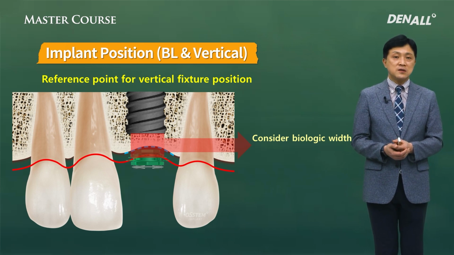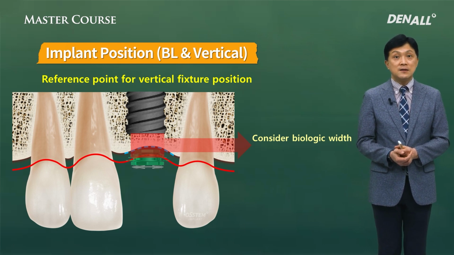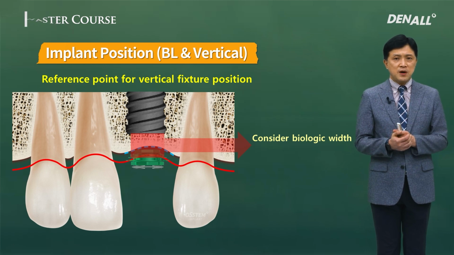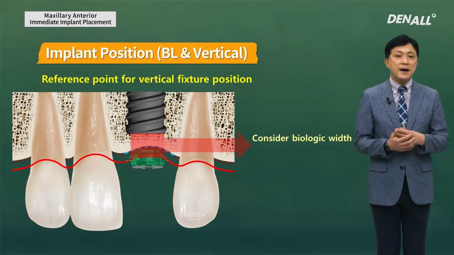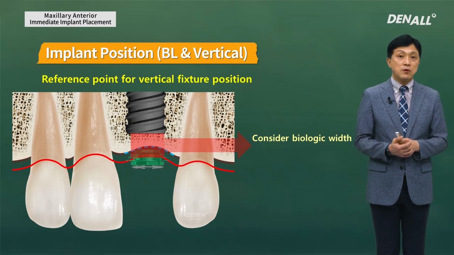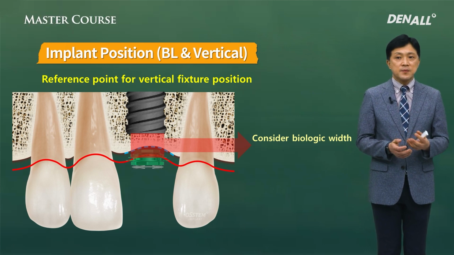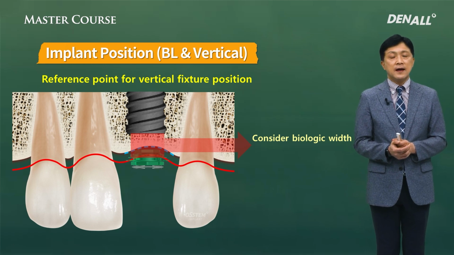As you know, the implant biologic width, 4 millimeter is an acceptable width. From the top of the implant platform to the top of an abutment junction, the soft tissue would be present in the 4 millimeter gap. The healthy soft tissue needs to be present for the long-term stability of an implant.